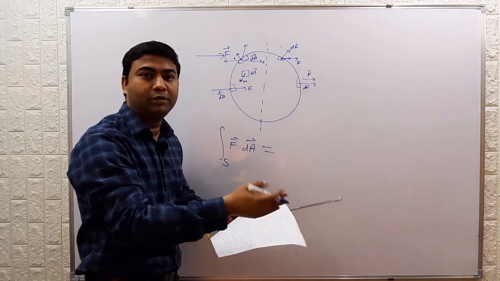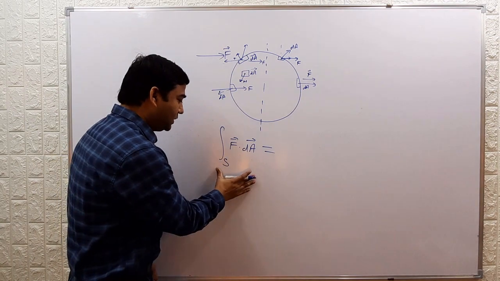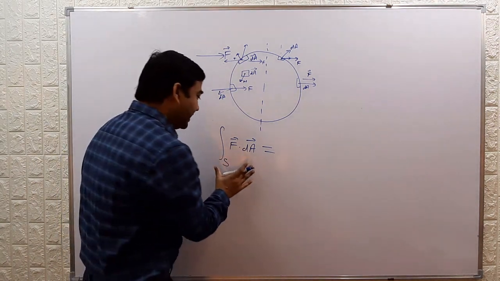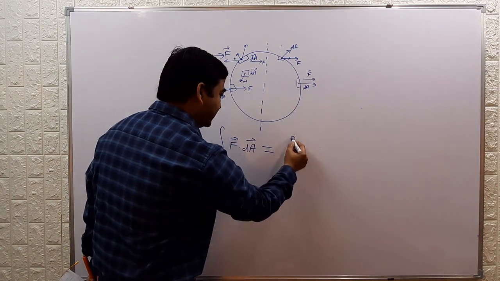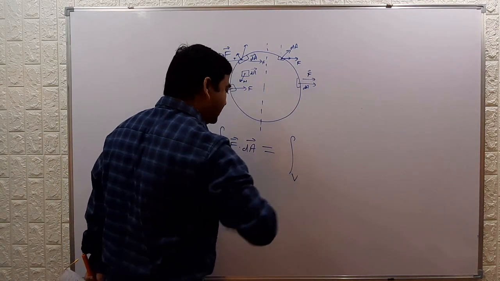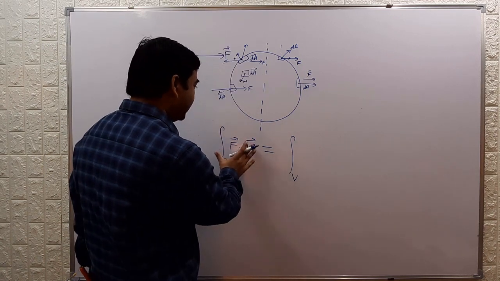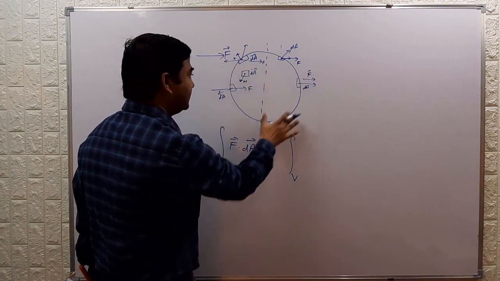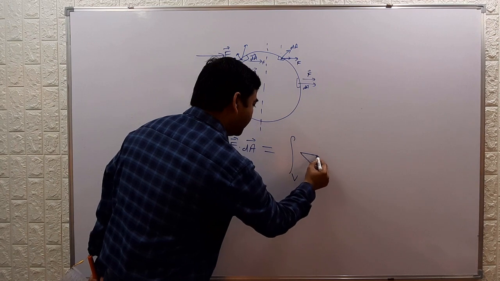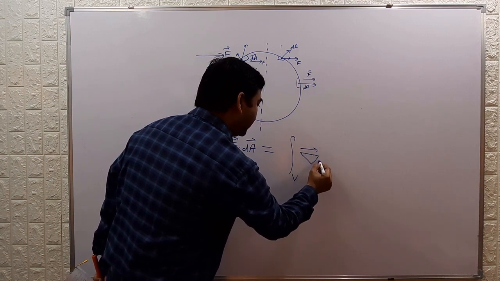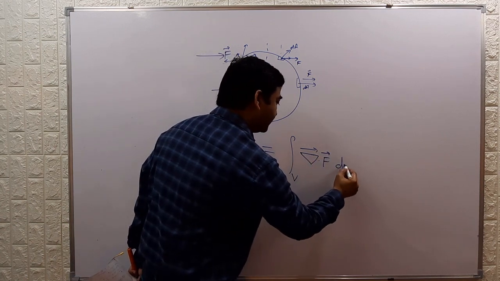There is a difference between entering and exiting flux, and that is the net flux. Net flux of a field created by this field in this spherical surface will be equal to the volume integral of the divergence. We have studied what divergence is: del dot F dV.